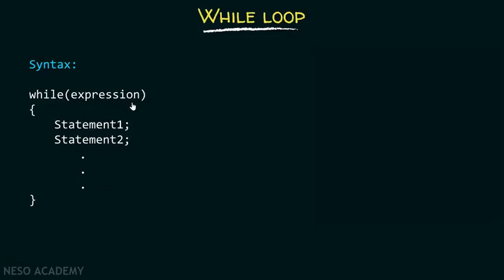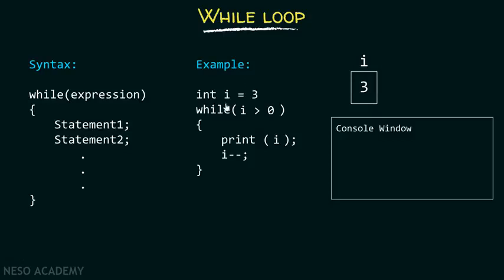Now let's consider one example in order to understand how a while loop really works. Here I have declared a variable I and assigned it a value 3. After that, inside this while loop, I am checking the condition: is I greater than 0 or not? Here, as we know, I is 3.